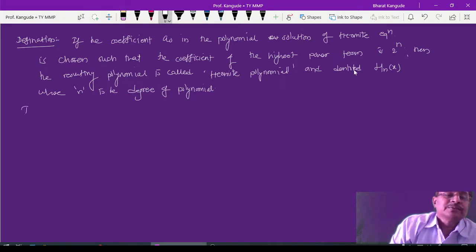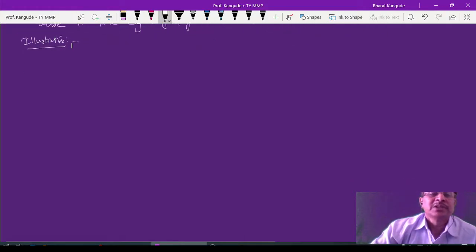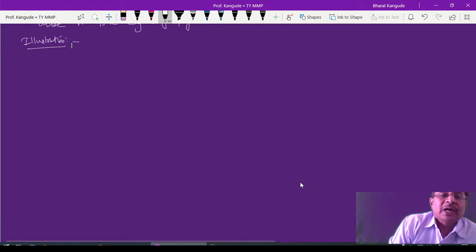Okay, so illustrations. Let's get the first few Hermite polynomials. As we obtained earlier for the Legendre polynomials, we have to get all these polynomials in the following way. Now, as already discussed, for n equal to 0 we have obtained y equal to a0.